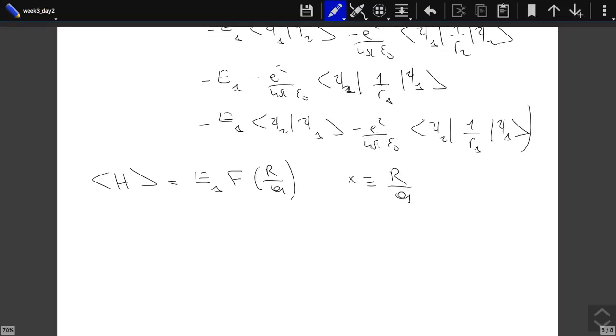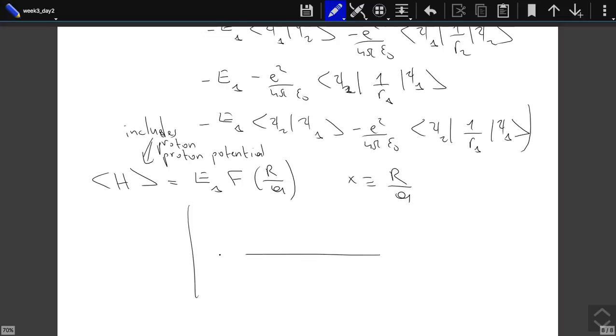Well, there's just one additional part. There's also the proton-proton potential. So this includes the proton-proton potential. This is the total energy of our system as a whole.